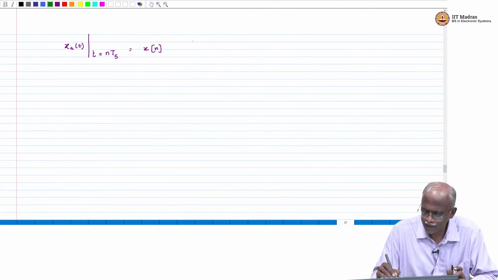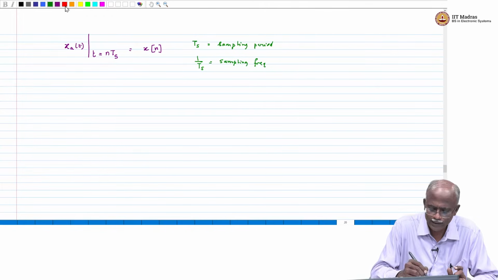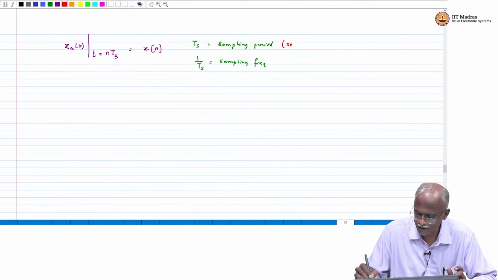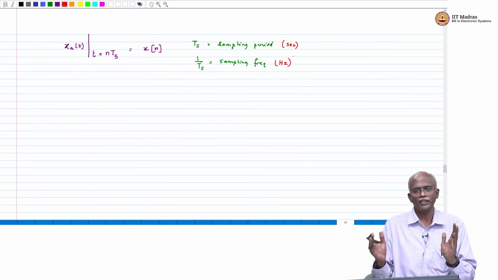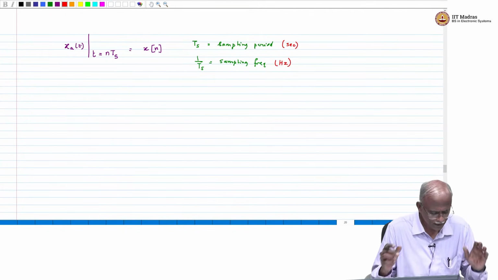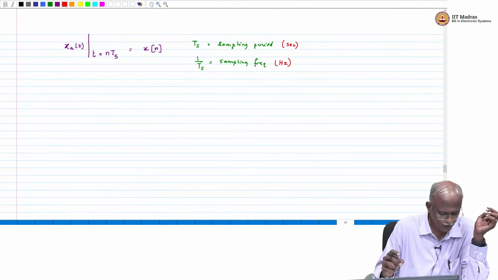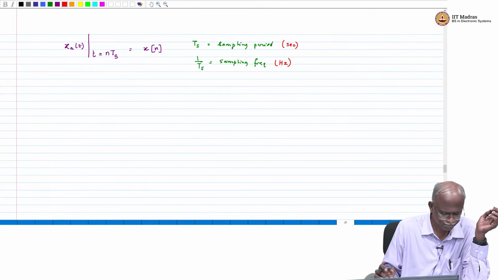And Ts is defined as the sampling period, and 1 over Ts is called the sampling frequency. If we denote the sampling period in seconds, the sampling frequency will be in hertz. That is how you would define the units for each of those quantities.